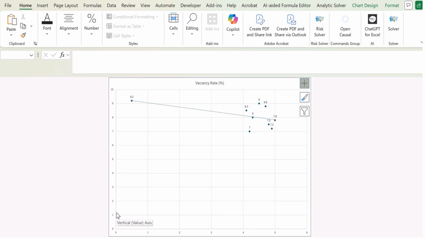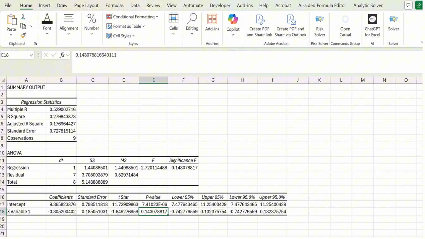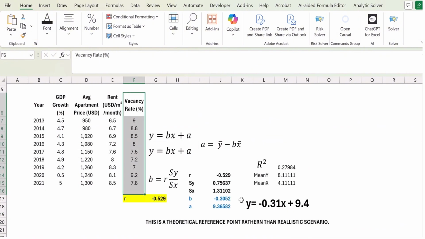The last time we fitted the line as per this equation, y hat is equal to minus 0.31x plus 9.4, where x is GDP growth and y hat is the predicted vacancy rate.